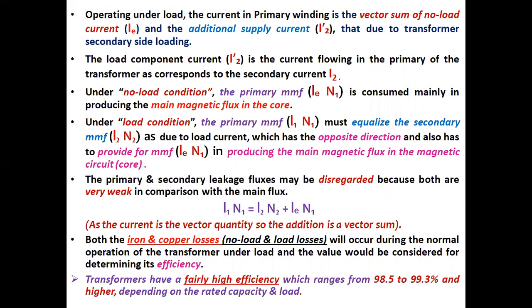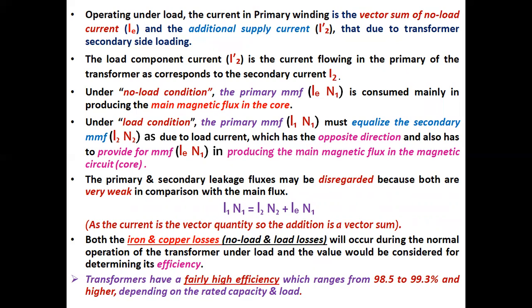Operating under load, the current in the primary winding is the vector sum of the no load current, that is IE, the excitation current, and the additional supply current I-2', due to transformer secondary side loading. The load component current I-2' is the current flowing in the primary of the transformer as corresponds to the secondary current I2.